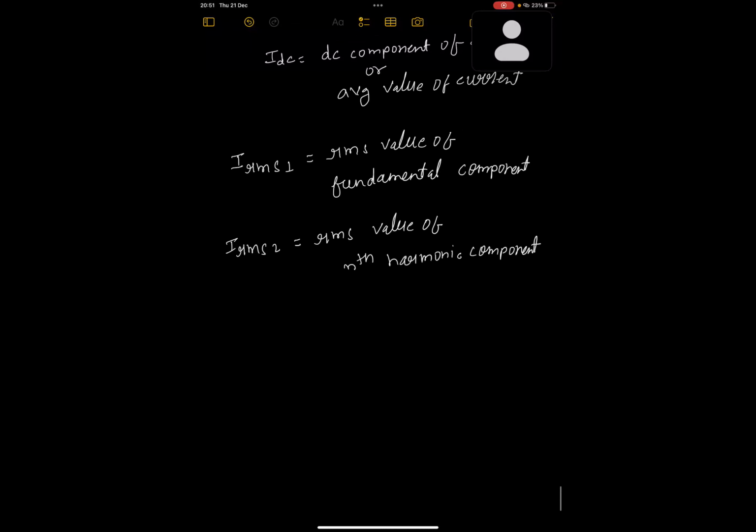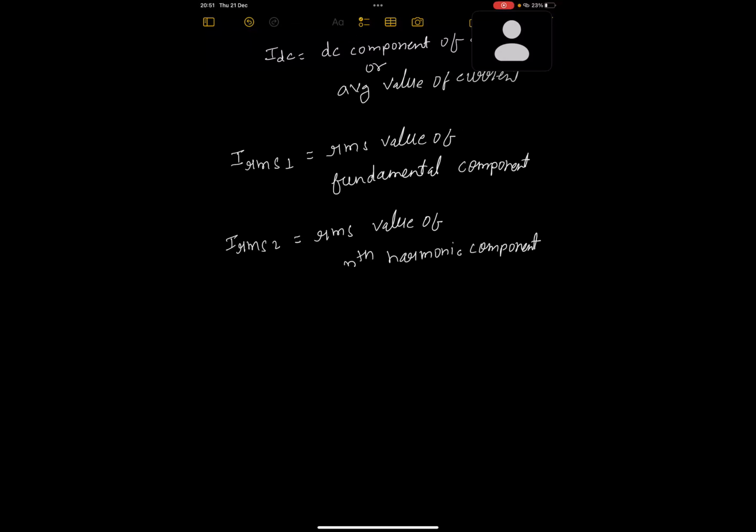Okay. So any current, if represented, suppose given like that, i(t) equal to sine omega t plus theta 1, plus sine 2 omega t plus theta 2, plus sine 3 omega t plus theta 3, and so on.